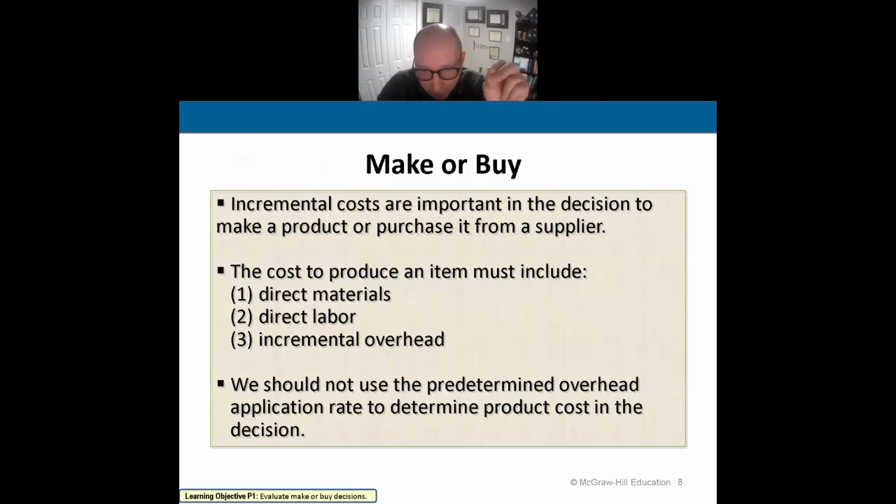Those are the costs of making a product. You know that. We've been talking about that for weeks now. Do I make the product with direct material, direct labor, and factory overhead, or do I purchase the already made product? That's a decision that we might be faced with.